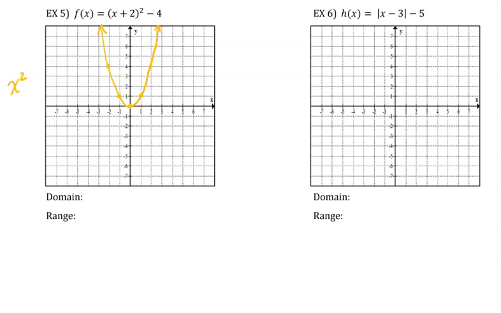All right, what's happening this time? There's actually two things that are happening. It's left 2, and then we also have a down 4. Luckily, we can go ahead and do both of these at once. So for each point, I'm going to move left 2 and down 4.